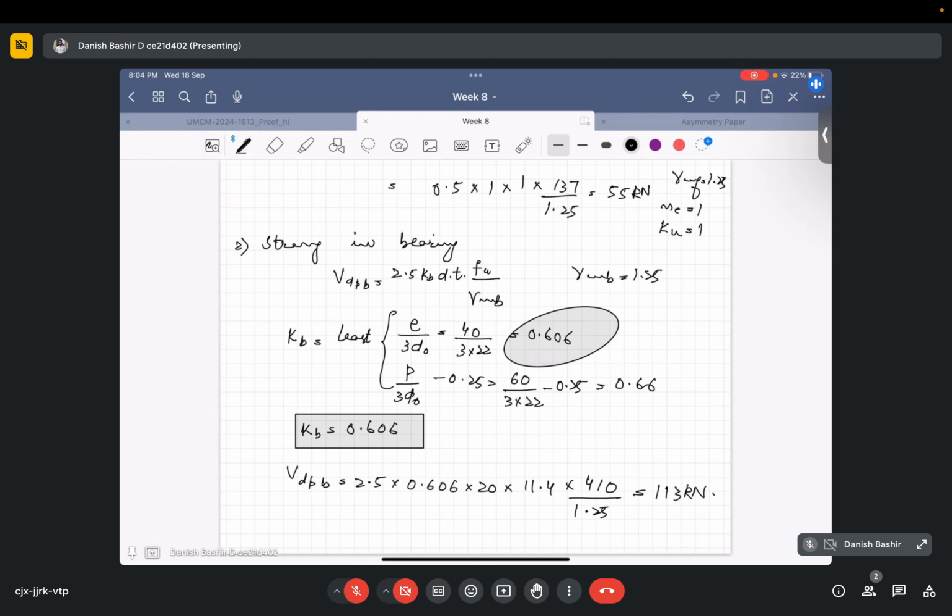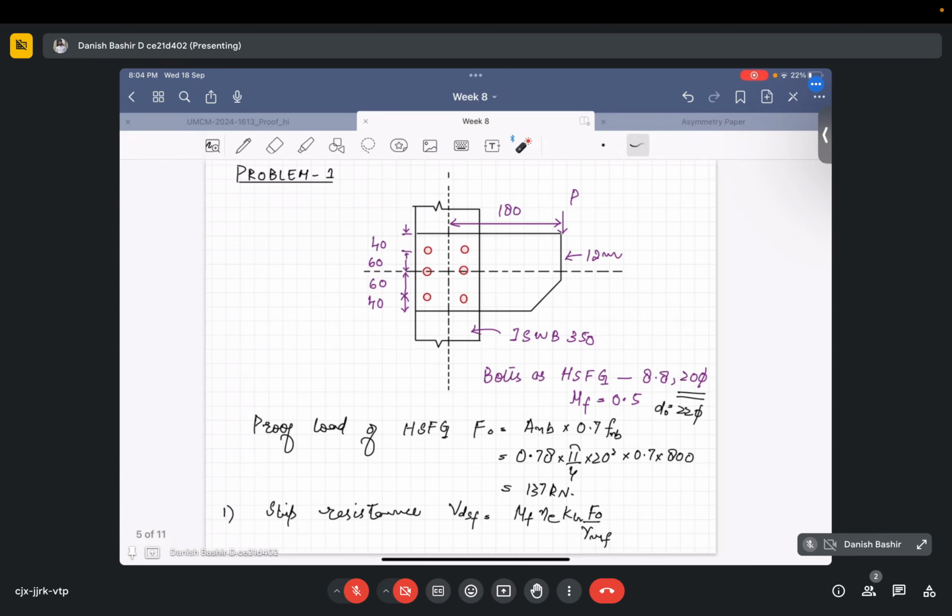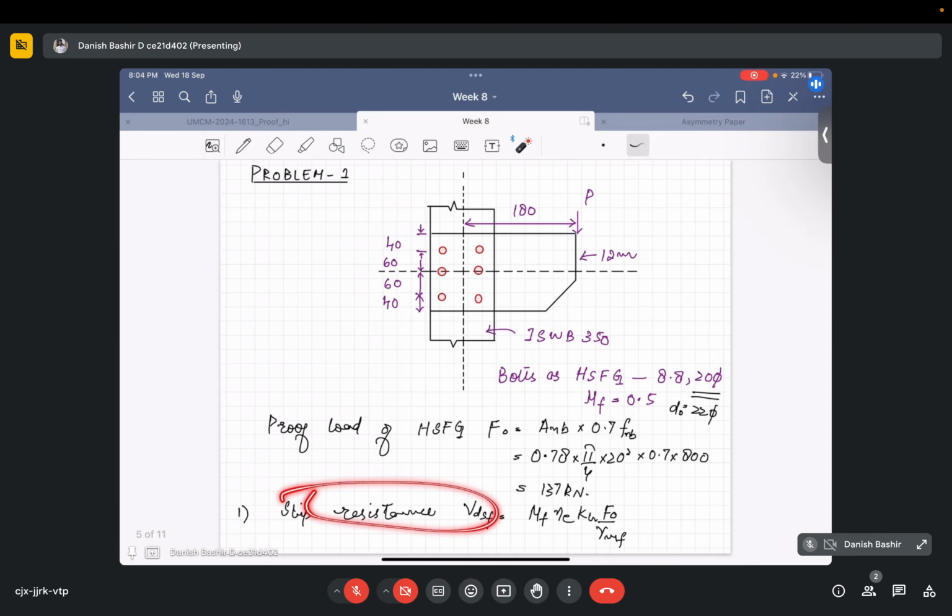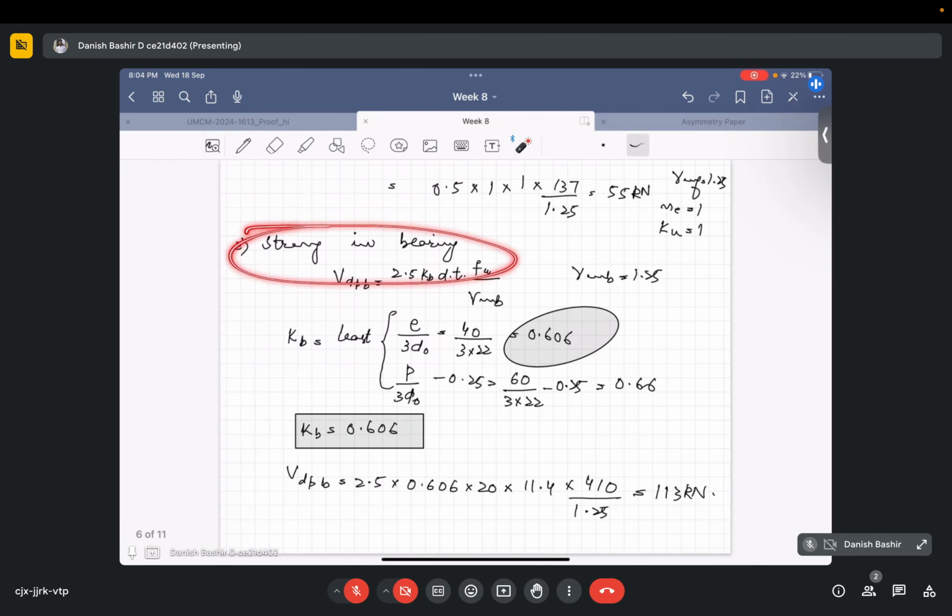So bolt value will be the least of 55 kilonewton or 113 kilonewton, the minimum of slip resistance and minimum of bearing. So bolt value will be equal to minimum of the two. So bolt value comes out to be 55 kilonewton.